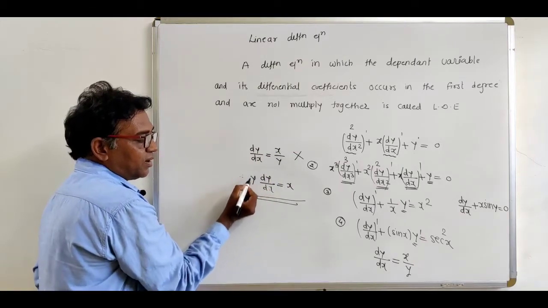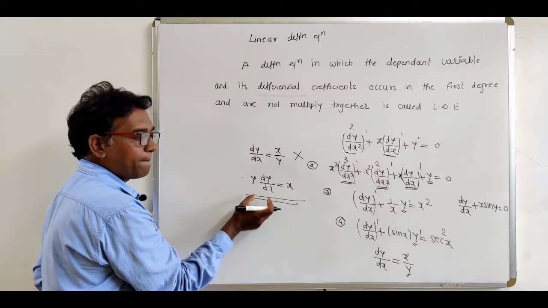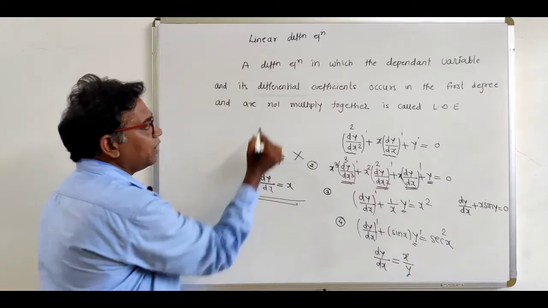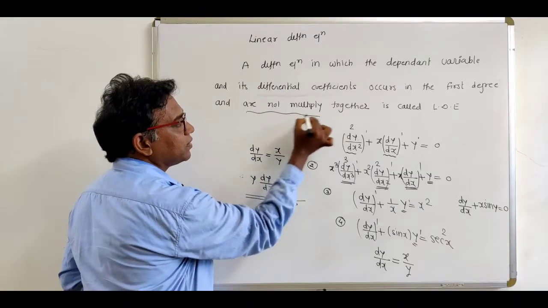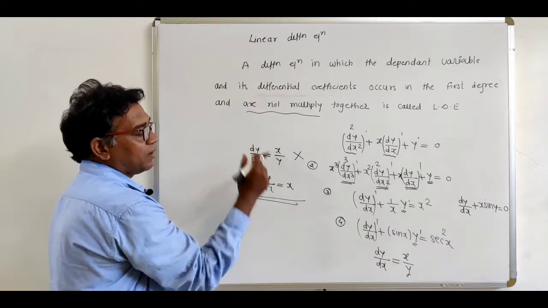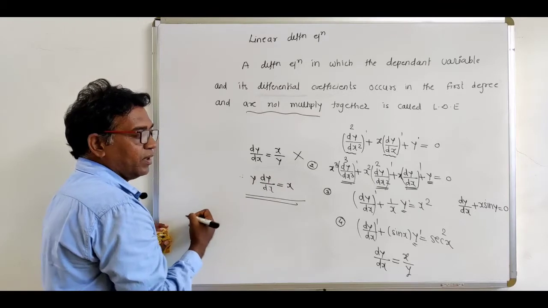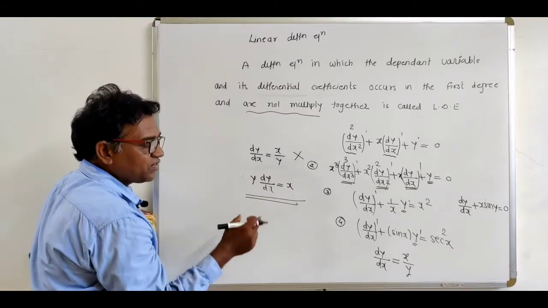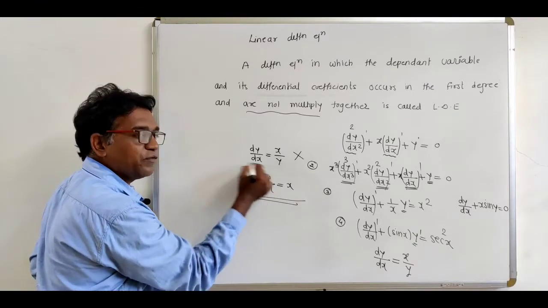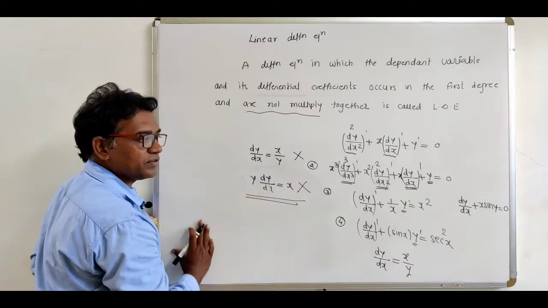This contains the dependent variable y and its differential coefficient. And what is the condition in linear differential equation? We do not require this product. The differential equation should not contain the product of the dependent variable y and its differential coefficient. So obviously this differential equation contains such a product, so this is not a linear differential equation.